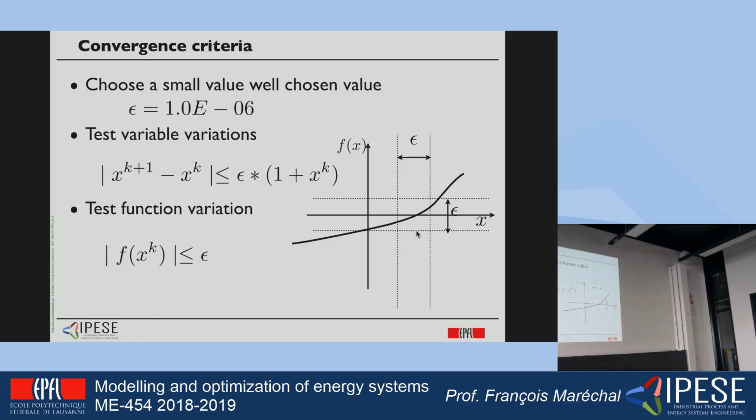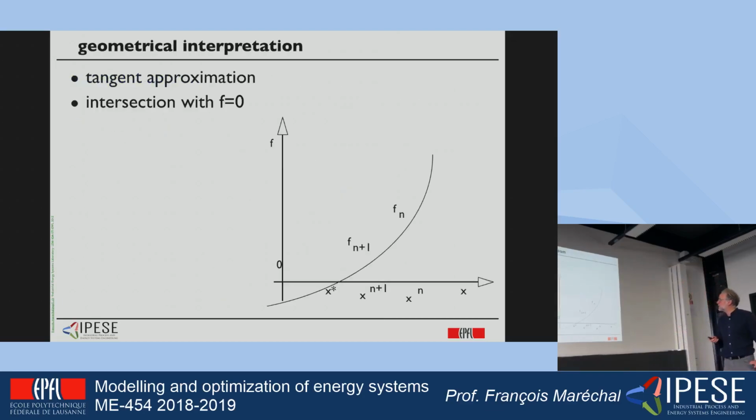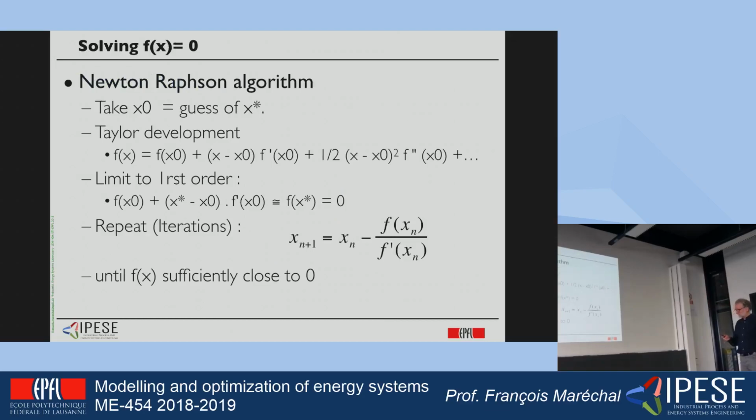Okay, so we have a very nice method that relies on one element. I have to choose the right initial point. Okay, so going back here, I need to start with a given point here.